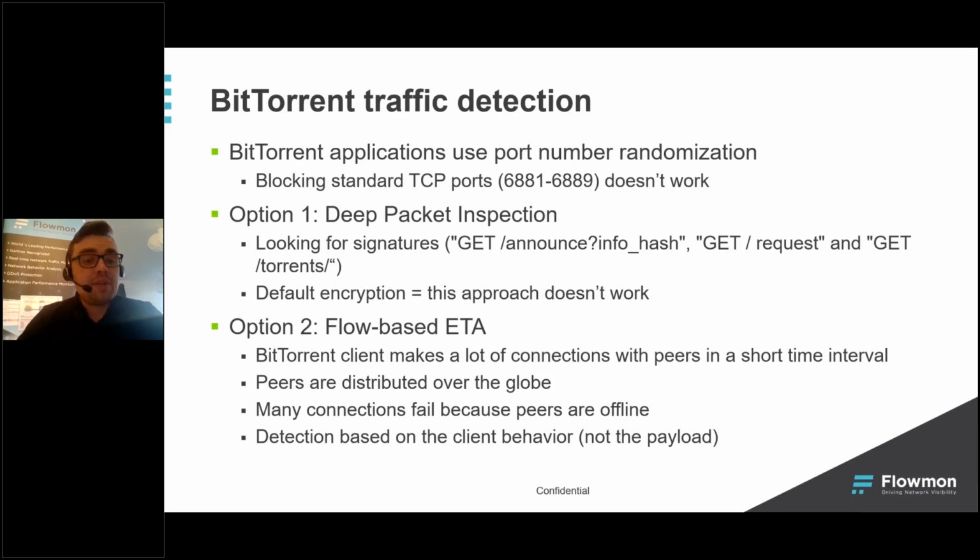Another characteristic is that peers are distributed over the globe, so this is something which needs to be considered in the algorithms. And also many connections fail because peers are offline. So this is a comprehensive description of the pattern, which can be detected just on the behavior and characteristics of the communication, not the payload.